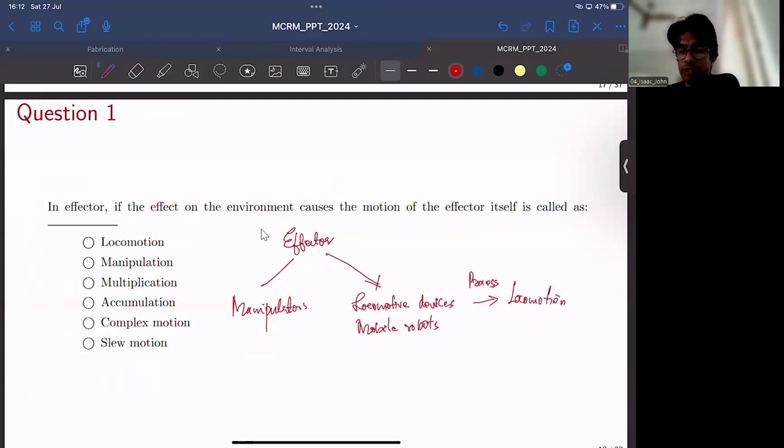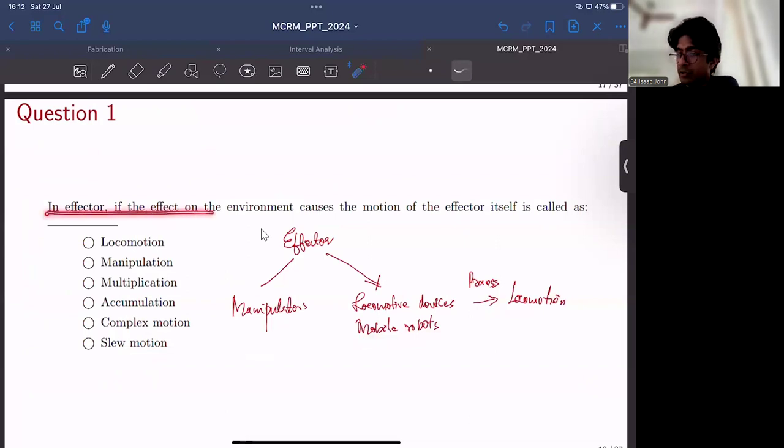So if the effector causes the motion of the objects around it, then such effectors are called manipulators. And if the effect on the environment causes the motion of the effector itself, then such a process is called locomotion. And examples of locomotion devices are mobile robots.